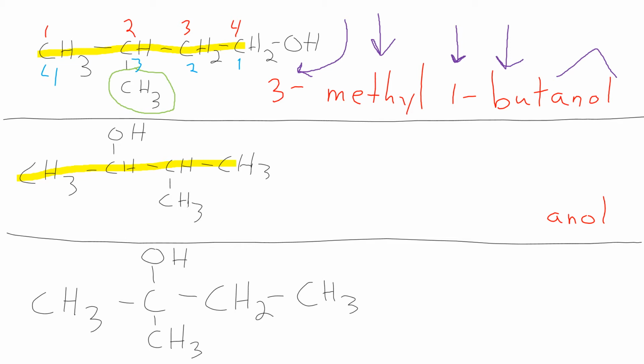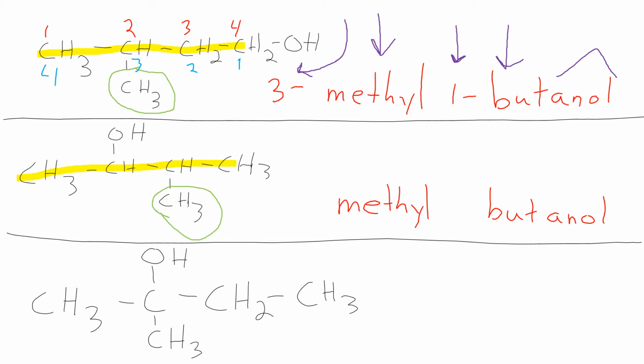So that would still be but. We do have a branch. If I circle the branch in green, how many carbons are part of that branch? There's 1 carbon in that branch, so that would make that a methyl branch.